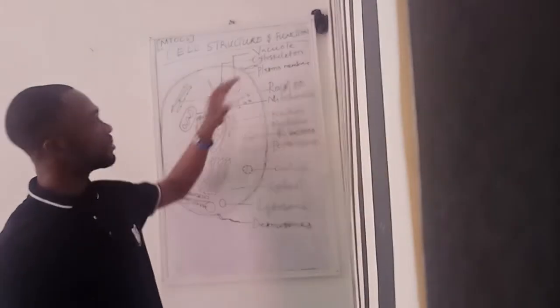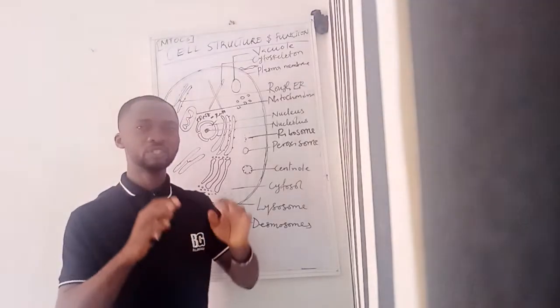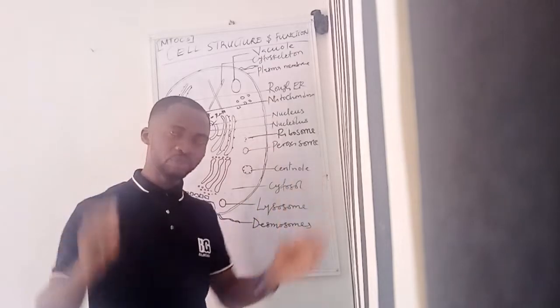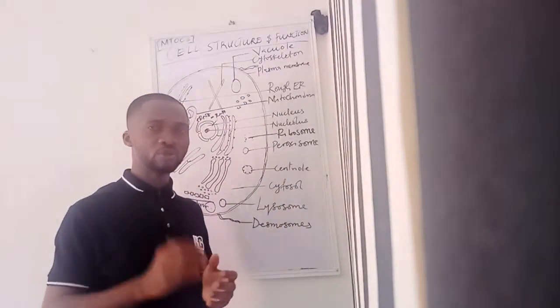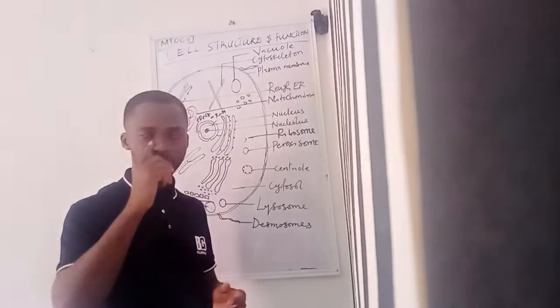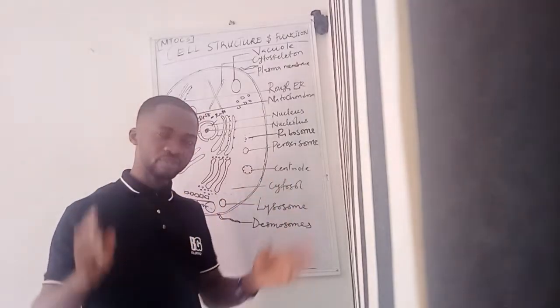Then we have the plasma membrane. When we talk about the plasma membrane, of course, that is the layer that shields the cell from the external environment. So one of the functions of this plasma membrane, which is also called the cell membrane, is that it helps in protecting the cell.